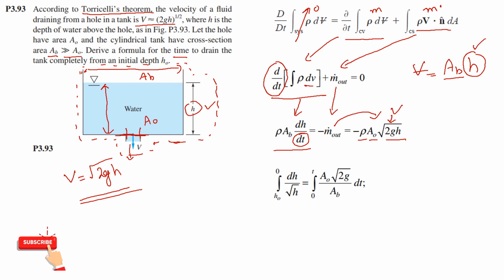If we cancel out these two densities, take the under root h to the left hand side in the denominator, and take dt to the right hand side, we will have an equation: AB dh by dt is equal to minus A naught under root 2gh.